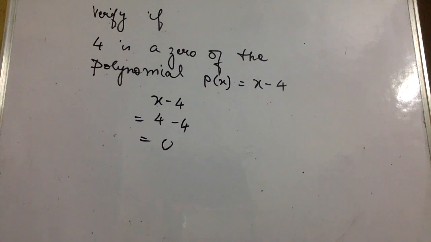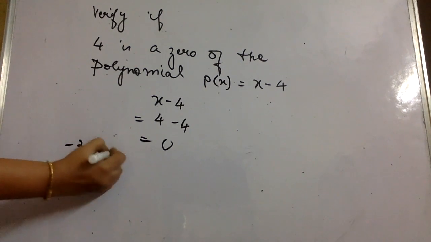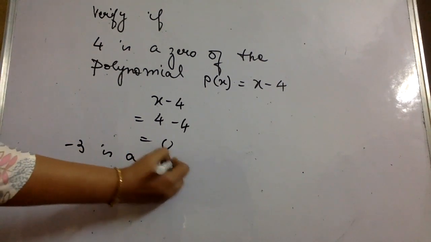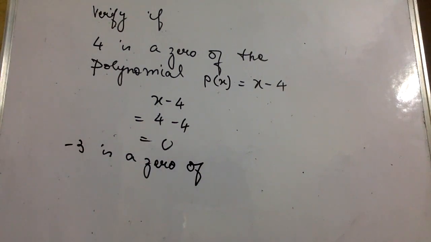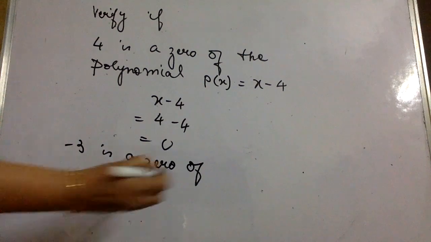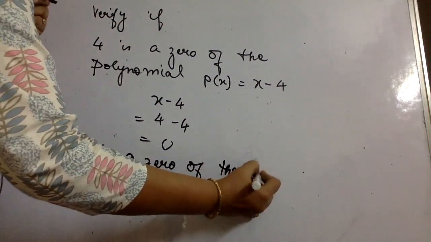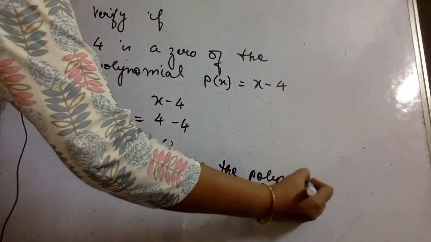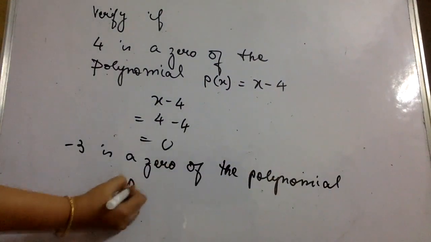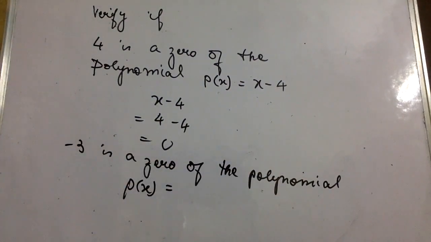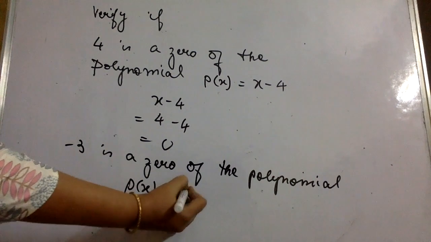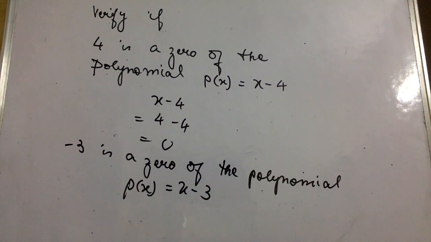Okay. Another one: verify if minus 3 is a 0 of the polynomial p(x) is equal to x minus 3.